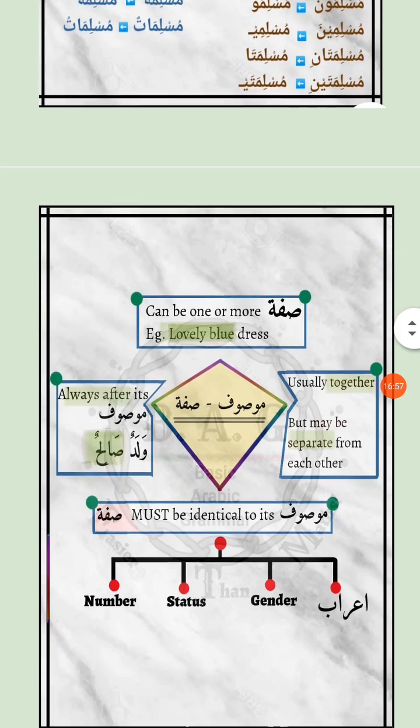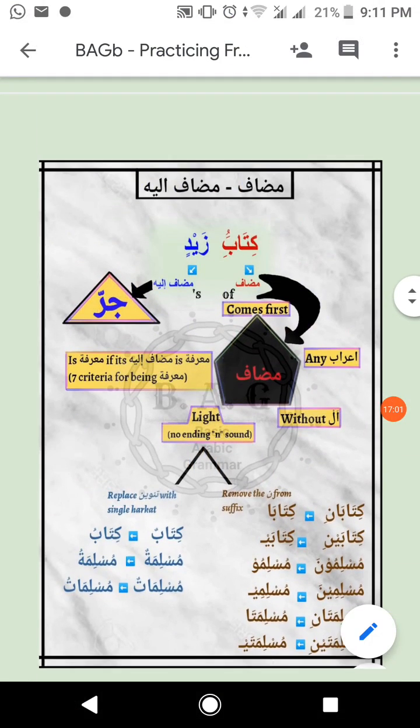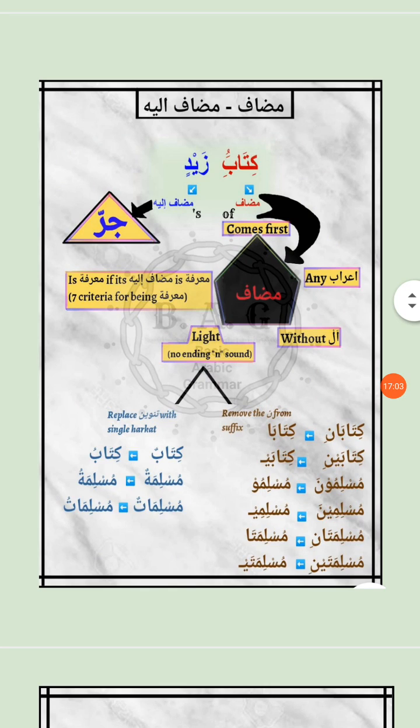Next, we also studied some complex musaf ilayhs over here. What I mean by complex musaf ilayhs is that there are going to be multiple musafs and musaf ilayhs.